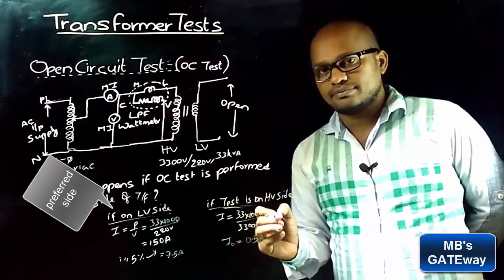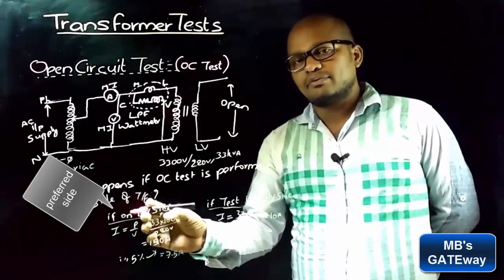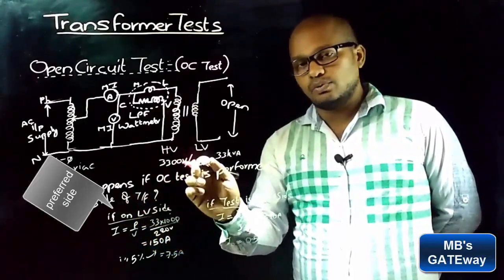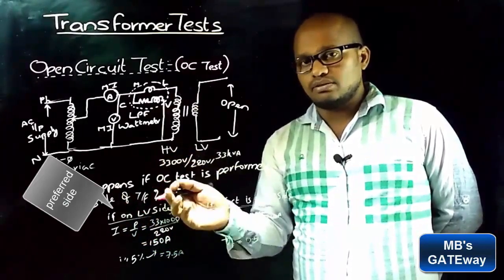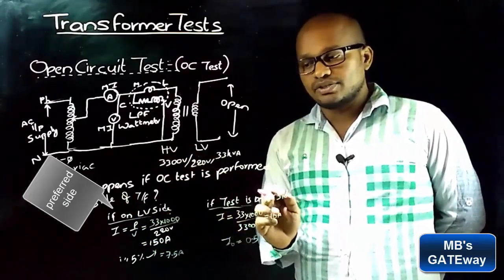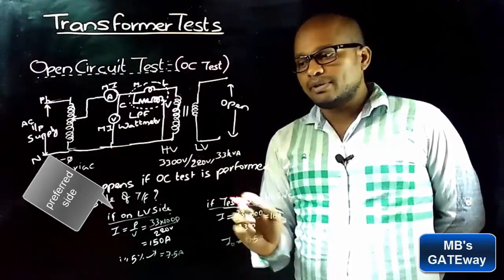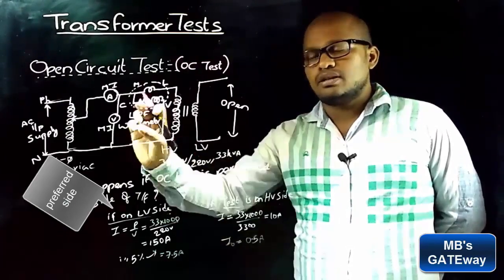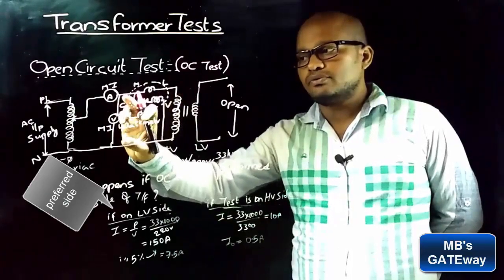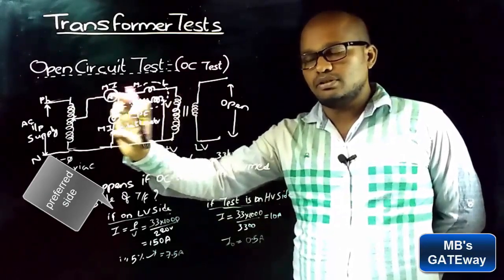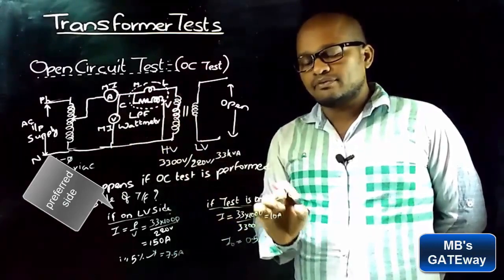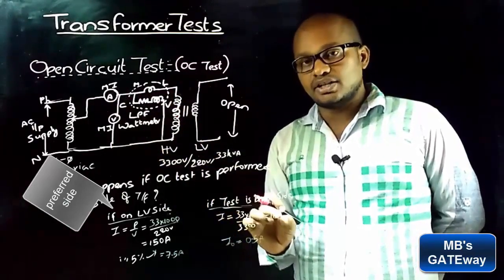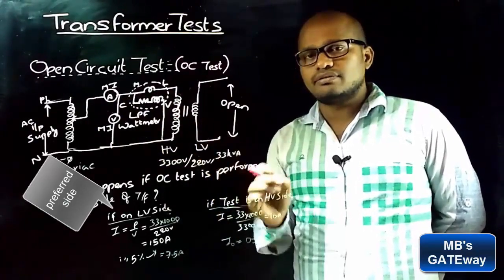which gives you 0.5 amperes. And here, if the test is performed on the LV side, the voltage to be applied is 220 volts, which is readily available. Whereas if the test is performed on the HV side, the rated voltage to be applied is 3300 volts, which is not readily available. In this circuit we make use of a voltmeter to measure the input voltage, so if the test is performed on the HV side, we need a voltmeter of range 3300 volts, which is not readily available.